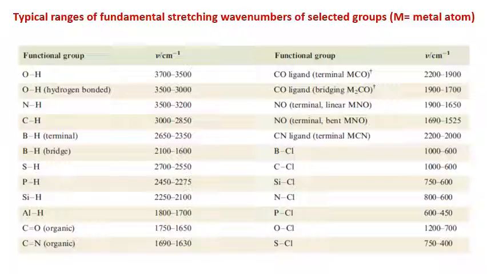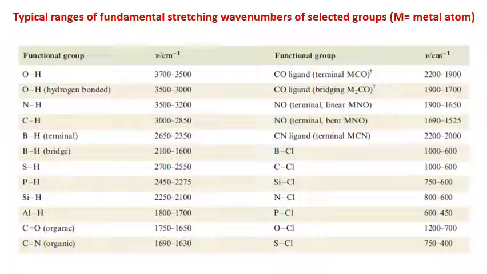This latter region, below 1500 centimeter inverse, is called the fingerprint region, and the absorptions within this region are usually taken together to provide a diagnostic signature of a molecule.